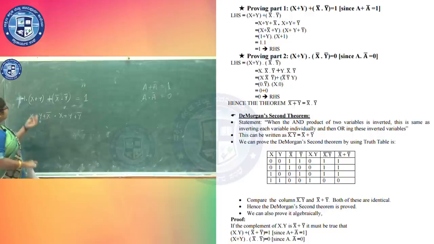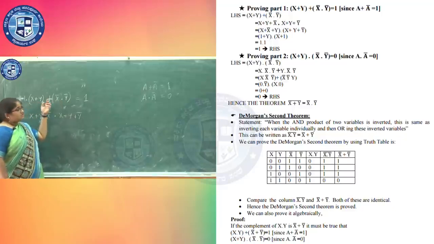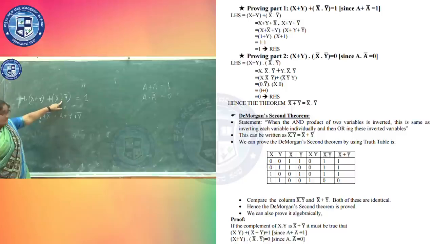I hope you understood. X plus y plus x dash, x plus y plus y dash, because it is a multiplication here or a dot operator here, we will have to use a dot operator in between.